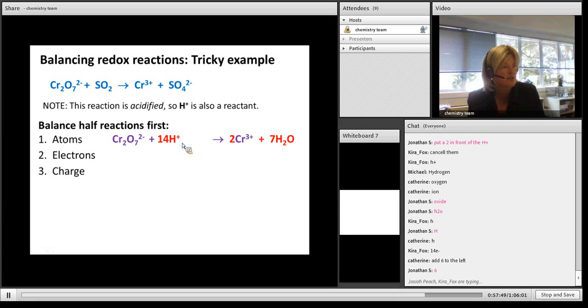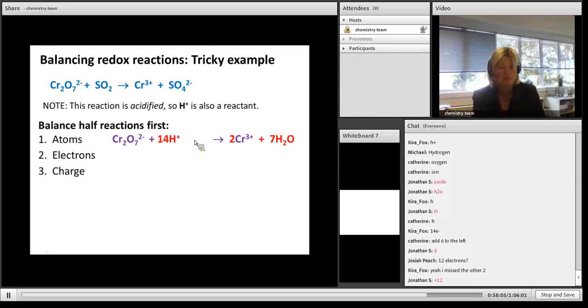I agree the 14 electrons would cancel that, but we have got -2 there as well. So we've got 2 negatives, 14 positives. Overall, what's my overall charge? So I've got 12, so I've got to add 12 electrons.